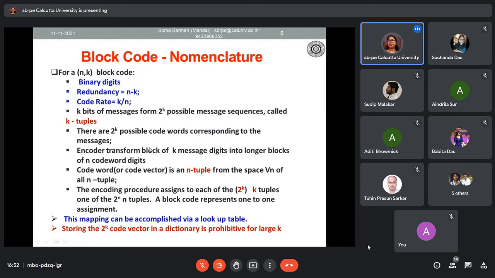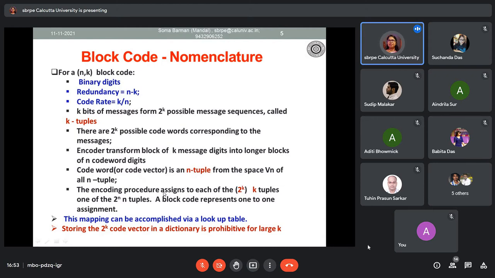The encoder transforms the k message digits into a longer block of n code word digits. This code word or code vector is called the n-tuple. These n-tuples create a vector space, which we denote by Vn, the space of all n-tuples.